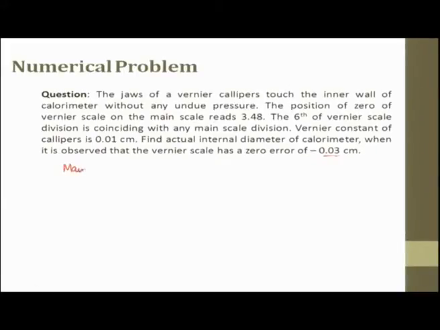So, what is the main scale reading? It is equal to 3.48 centimeters. Then the least count is nothing but 0.01 centimeter. The vernier coinciding division is nothing but 6.